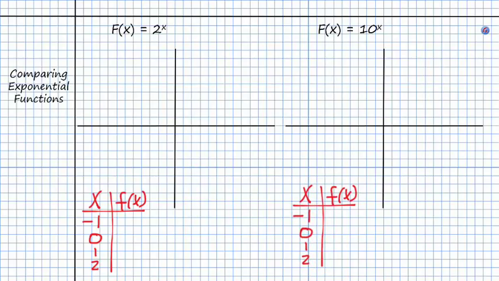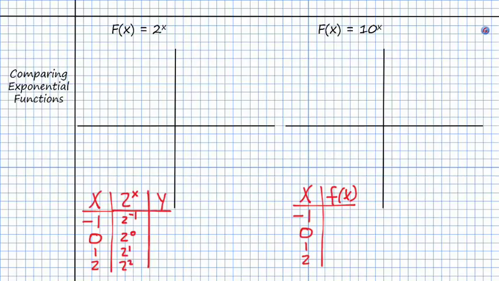All right, so let's go ahead and plug these in and see what we get. For this first function, I'm going to plug in 2 to the x, so 2 to the -1 power. So now we're encountering something where you're talking about a negative power. So we have 2 to the -1, then I have 2 to the 0, 2 to the 1, and 2 to the 2.